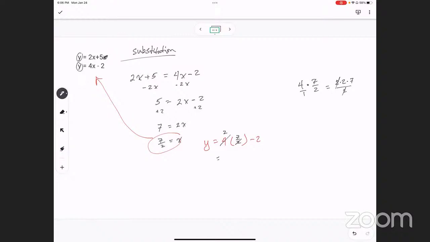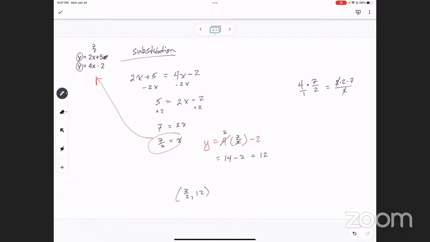So this equals 14 minus 2, which equals 12. Okay. So your point is 7 halves, comma 12. And to check it, you can plug that 7 halves into the other equation up at the very top as well and make sure that you get 12.